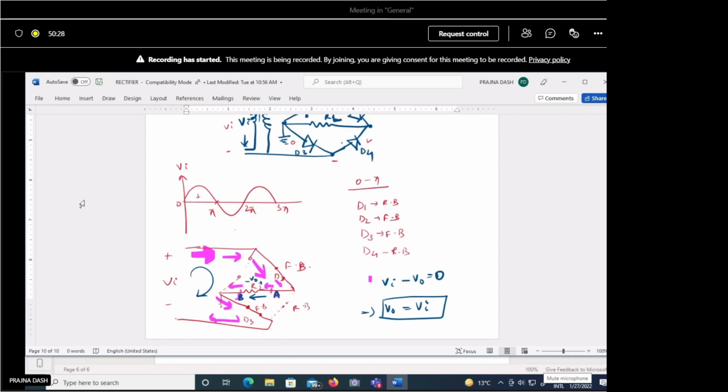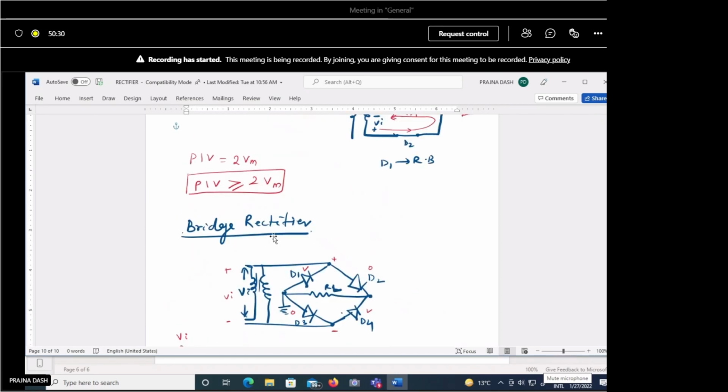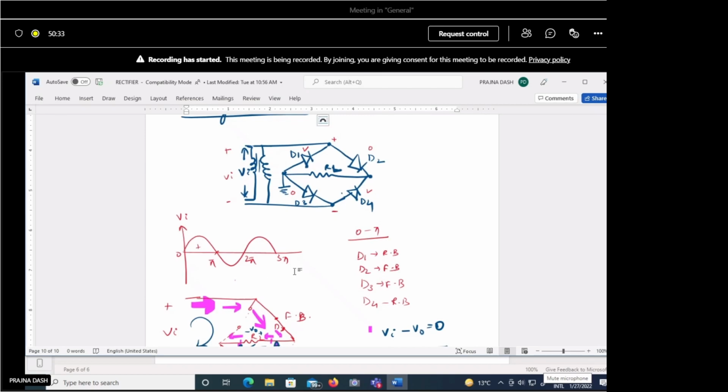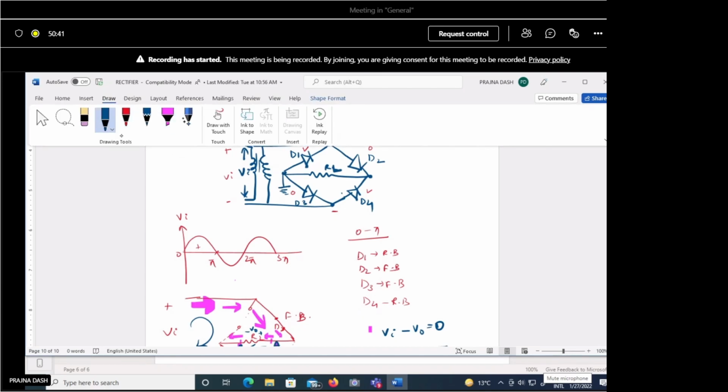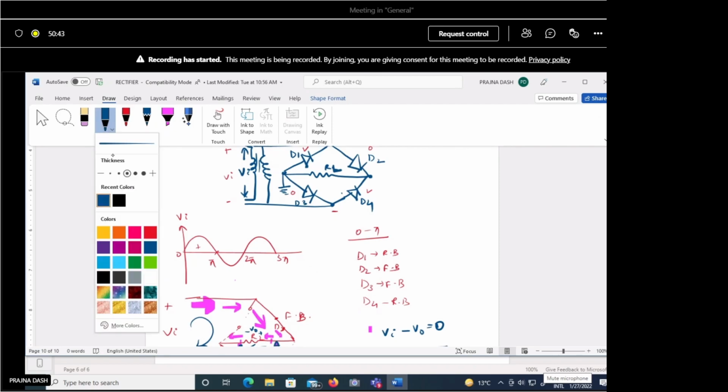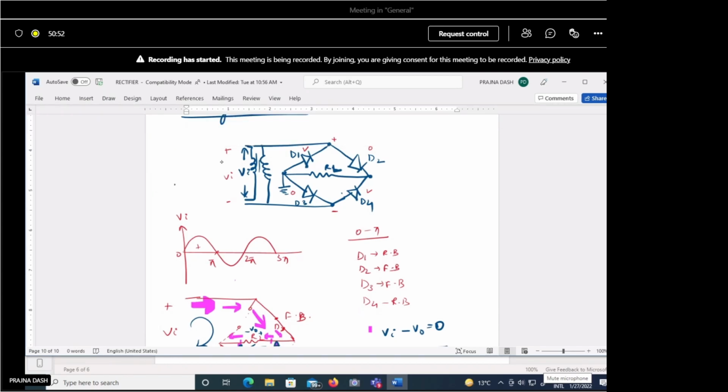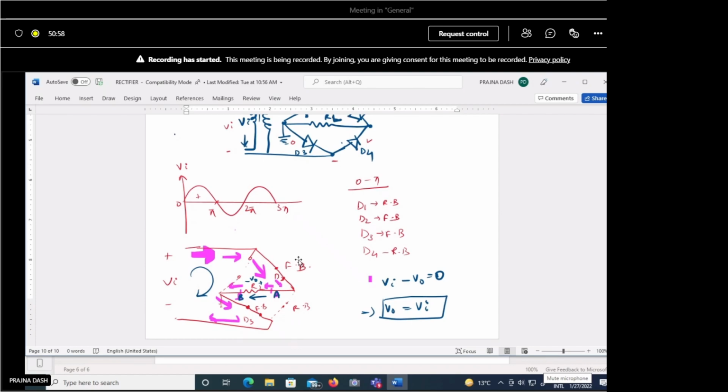Likewise, let's consider the next half cycle, the negative half cycle. Let's use a different color for the negative half cycle.